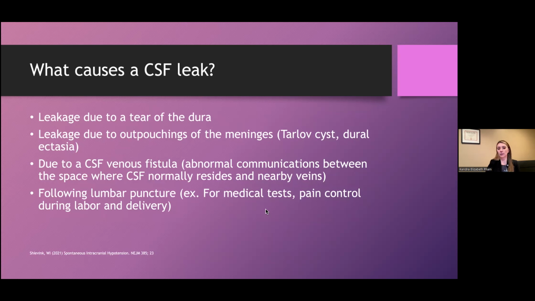And we think of those as Tarlov cysts and dural ectasia. And then also it can be due to what we call a CSF venous fistula, which is basically an abnormal communication between that space where the spinal fluid is supposed to be and nearby veins. And so that spinal fluid ends up in this fistula rather than where it's supposed to be.